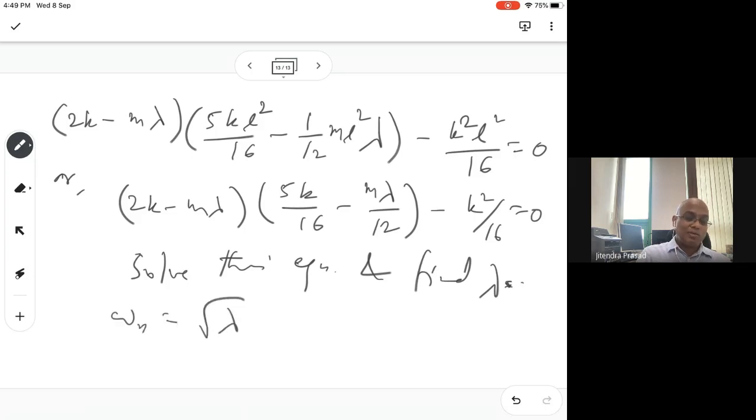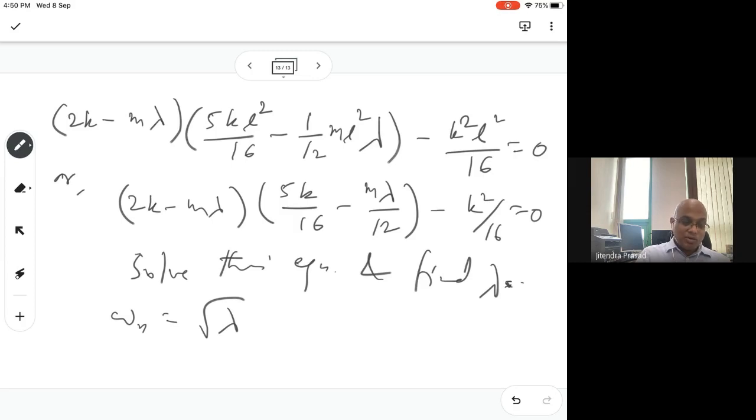There will be two values, right? This is a quadratic equation, so you get two lambdas, and those will be the natural frequencies that we have to find out. Once you find the natural frequency, you can find the eigenvectors.